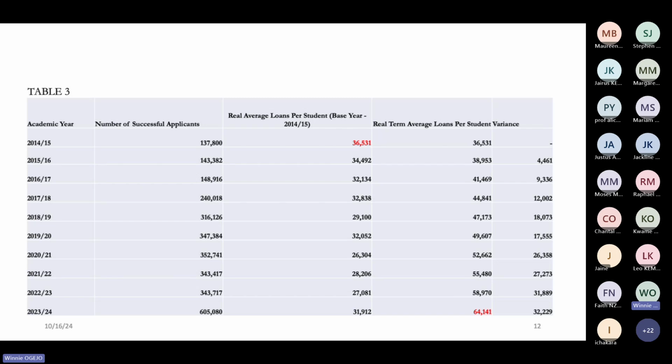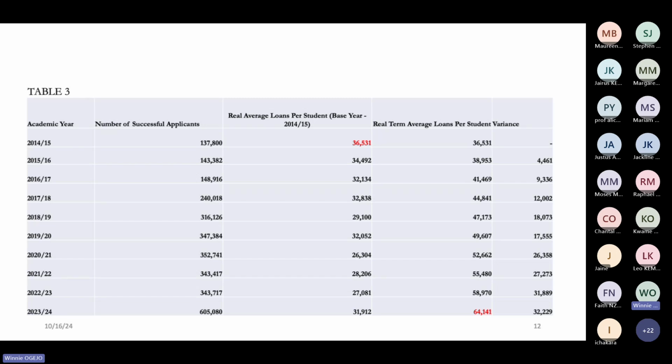And then if you look at the average loans in real value, it's actually falling. This is if you factor in inflation and time. As explained previously, you construct a deflator. So if you look at that, in 2014-15, the average amount that was awarded per student is 36,531.